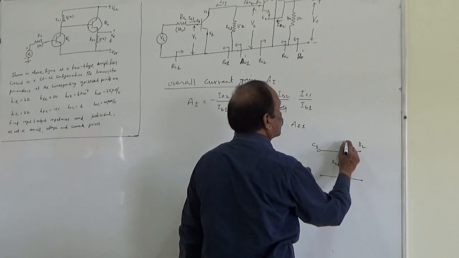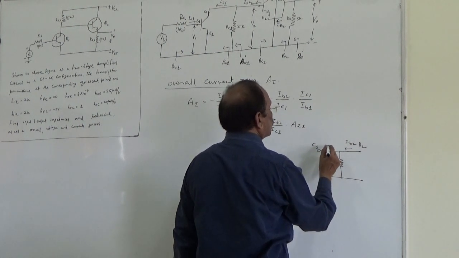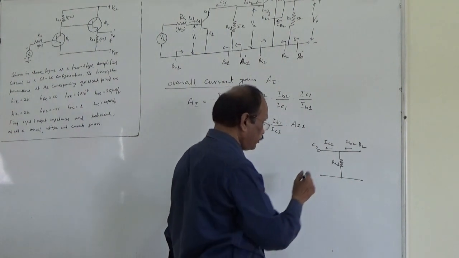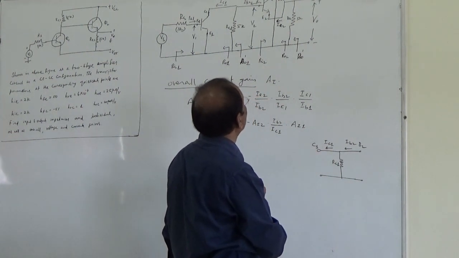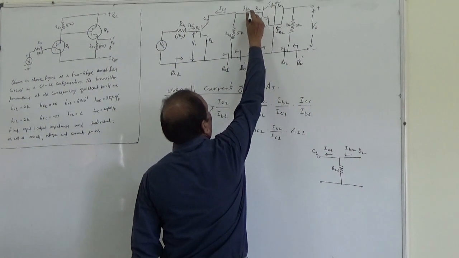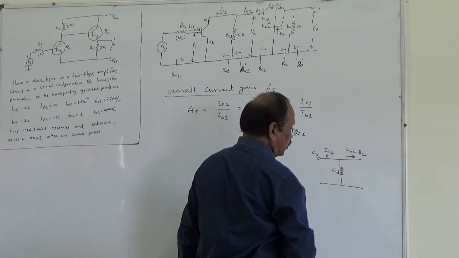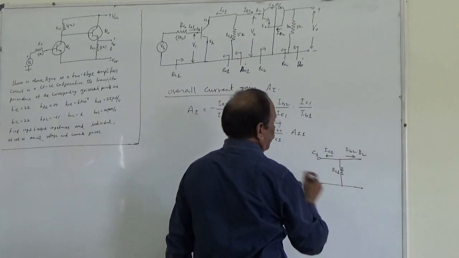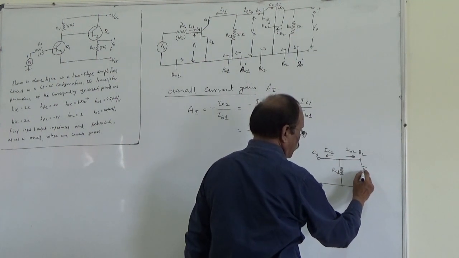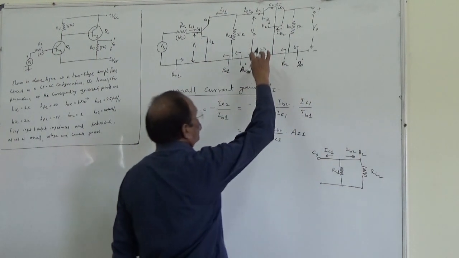So here this is the current IB2 and this is the current IC1. IB2 we have to take in this direction. And here you can see this will be your RI2.